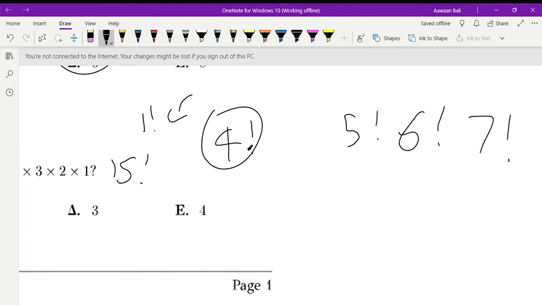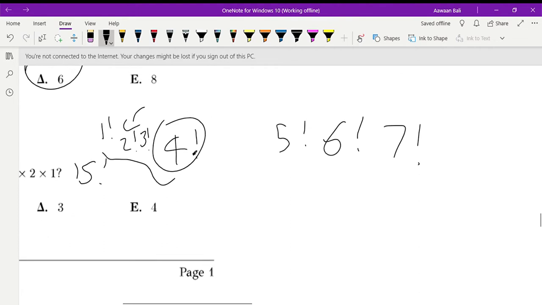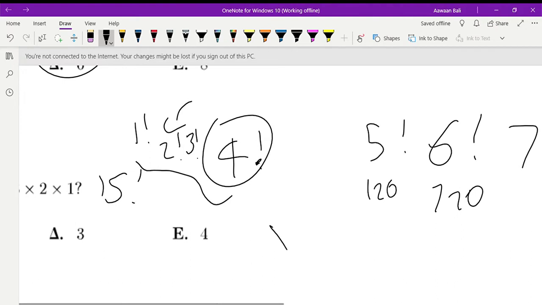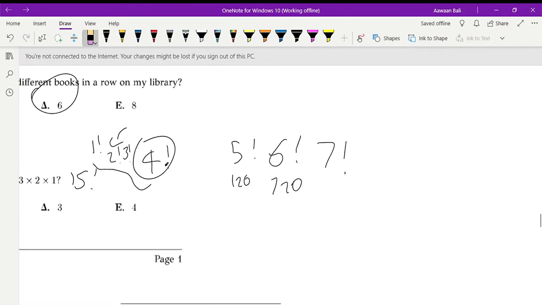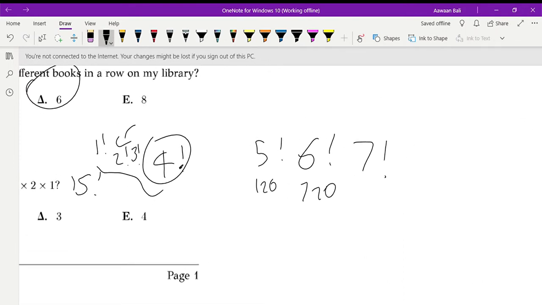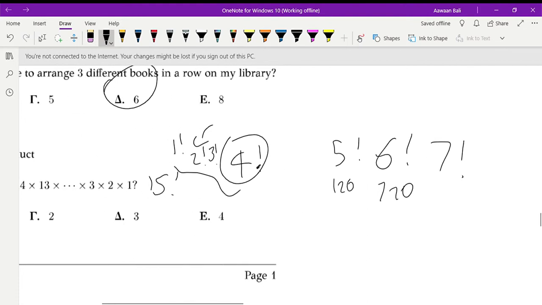Now the thing is, 1 factorial, 2 factorial, and 3 factorial, and including 4 factorial, these are the only factorials which don't have a 0 at the end of them. Because since 5 factorial is 120, 6 factorial is 720, you see, since we're multiplying by 5 and we got an even number so far, we get a 0, and anything multiplied by 0 at the end will always end in 0.